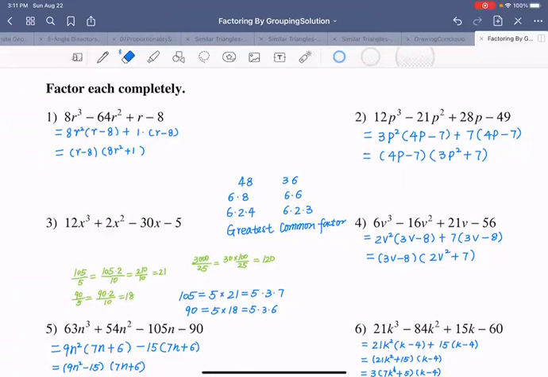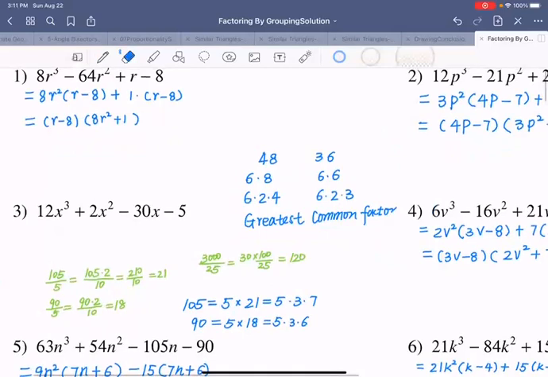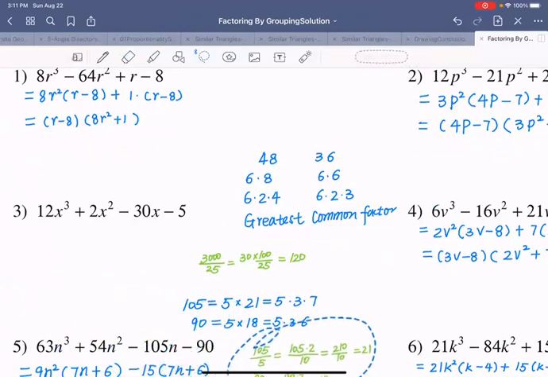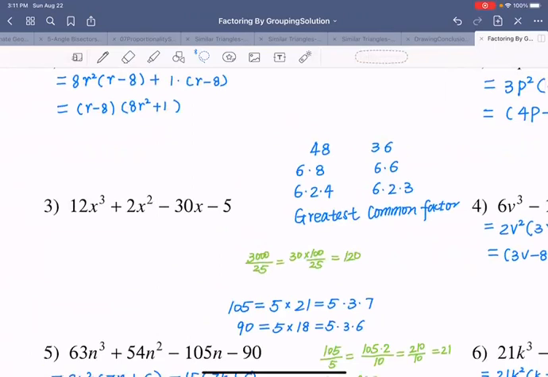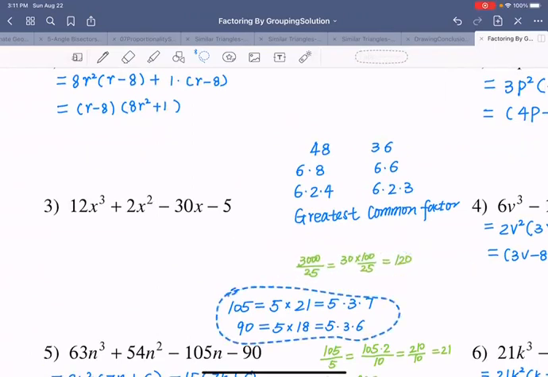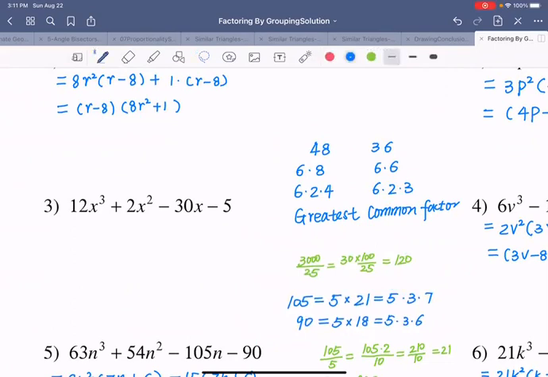Leslie. Let's try number 3. Go ahead. So you take out a 2. So for the first 2 terms, you take out 2 times who?